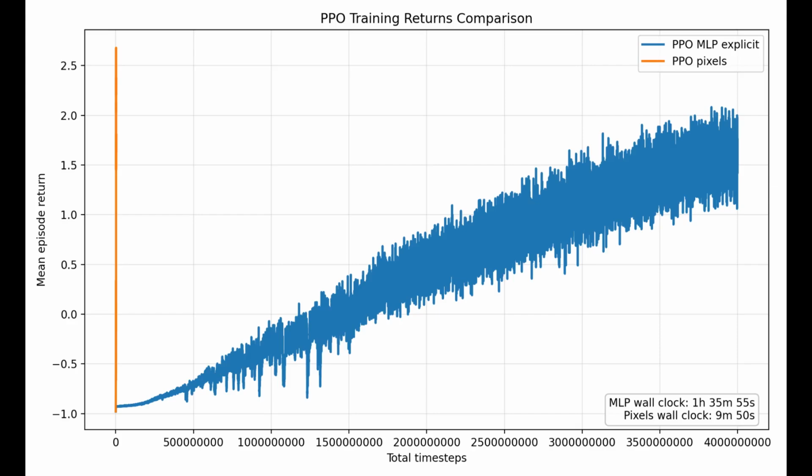But you can see the wall clock time for the pixels version is about 10 minutes. But the sample efficiency, which you can't even see on the plot here, is so much better. I think we got to this point in about 2 million steps. I'll show the full plot below in a second.